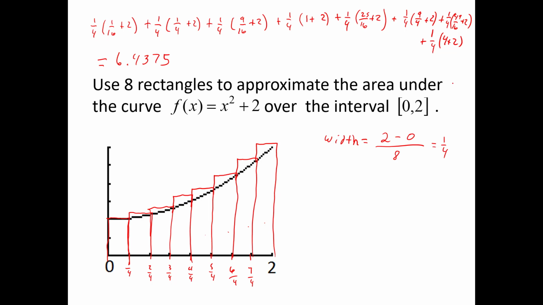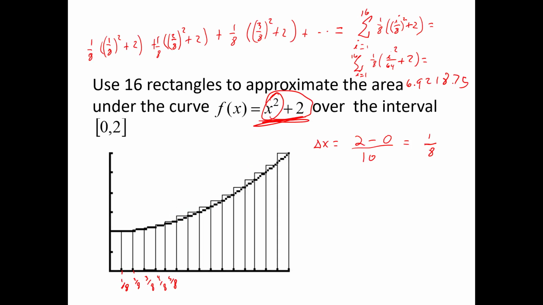because if we're using the right endpoint, then the area should be decreasing, right? So let me make sure that I punch that in correctly.